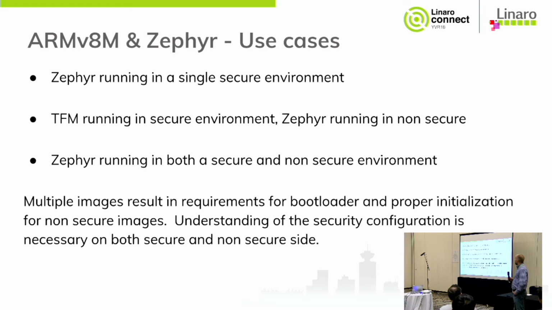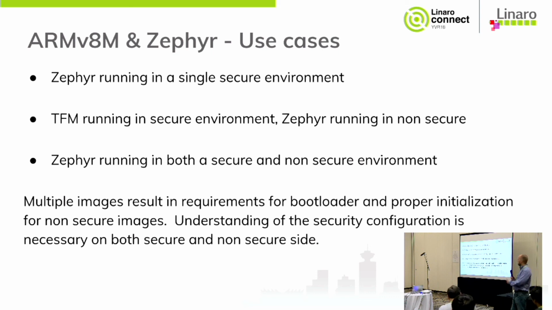So how does this work from a use case standpoint? There's three scenarios, and there might be more, but really what it comes down to is you have Zephyr and you have the trusted firmware for Cortex-M, and you have some combination of these running on the system. If you're running in a single environment and you just want to run Zephyr as secure, you can do that.